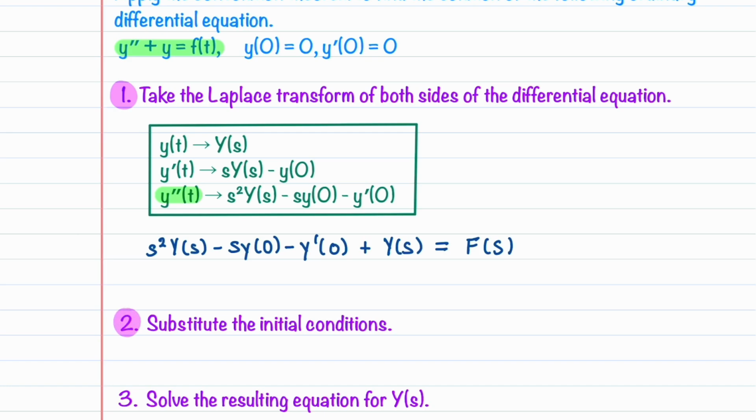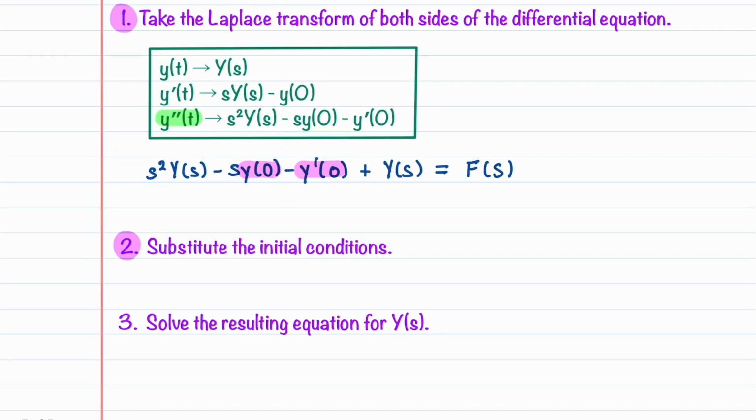In step 2, we are going to substitute in the initial conditions. If we look back up top, these initial conditions are equal to 0, so this makes this nice. We substitute in that those are 0, and we get s squared capital Y(s) plus capital Y(s) is equal to capital F(s).